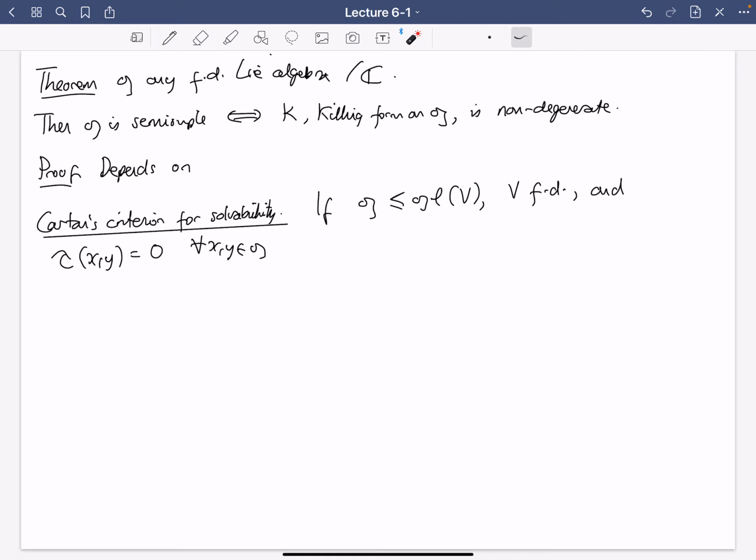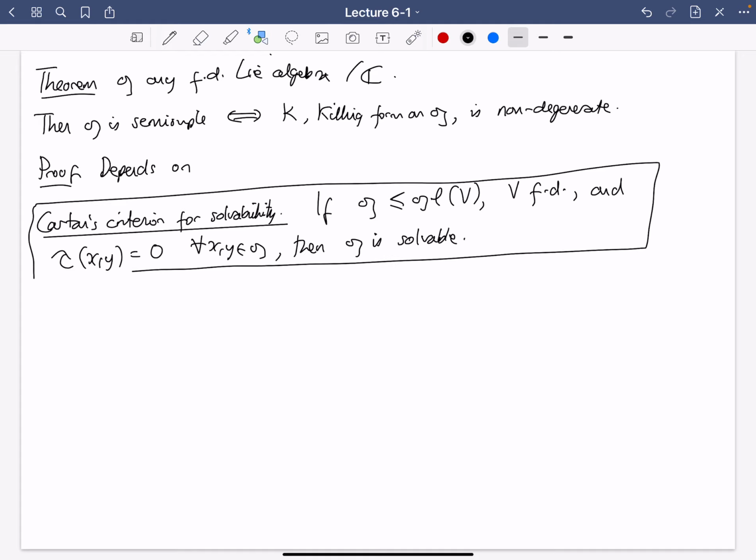The trace form just means, think of x and y as endomorphisms of V. Tau of xy is just the trace of x composed with y. So suppose the trace form is identically 0 on this linear Lie algebra. The conclusion is that G is solvable. So let's put a box around that. That's going to be proved next time.